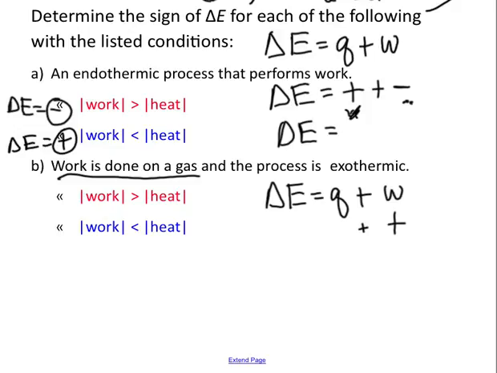In a process that is exothermic, what is Q? Negative. So in a situation where work is greater than heat, delta E is positive. And in a situation where work is less than heat, or heat is greater than work, negative.